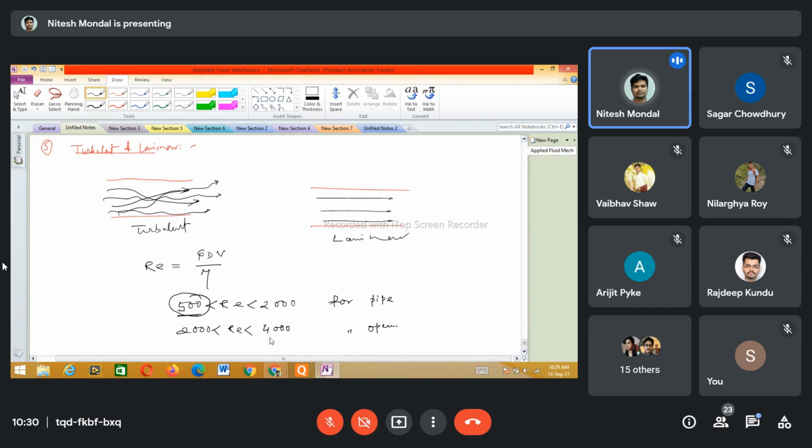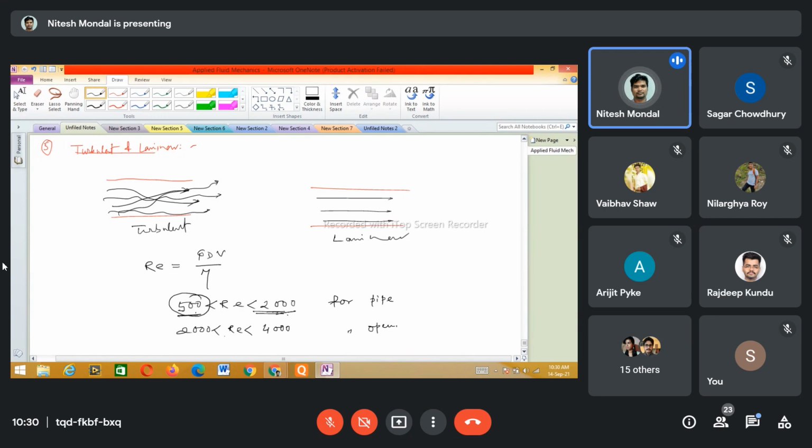When it goes beyond, in between 2000 to 4000, it is transient flow, and when it goes beyond the 4000, then it is called turbulent flow. So within 2000 and 4000, it is called transient flow.